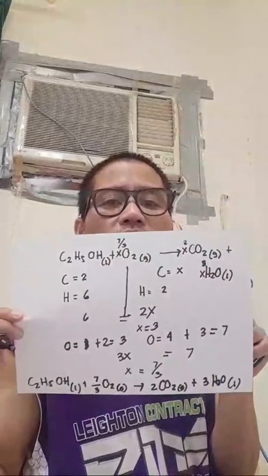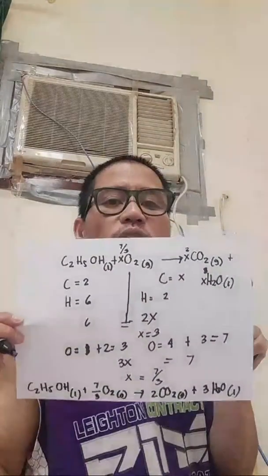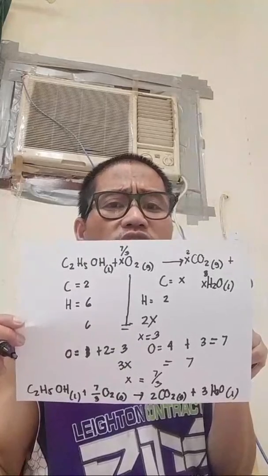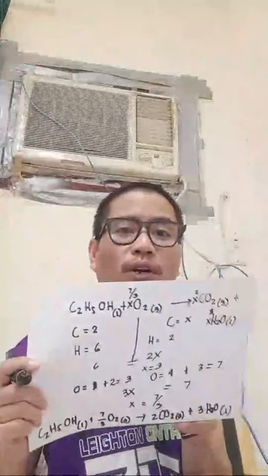Okay guys, so why do you leave that fraction there? You discussed before in chemistry that we need to avoid the fraction. In this case, we don't need to avoid the fraction because the problem states to calculate the enthalpy of combustion for 1 mole of liquid ethanol. If we try to multiply that by 3 to cancel it out to make a whole number coefficient, then it will deviate from the problem, which states 1 mole of liquid ethanol.